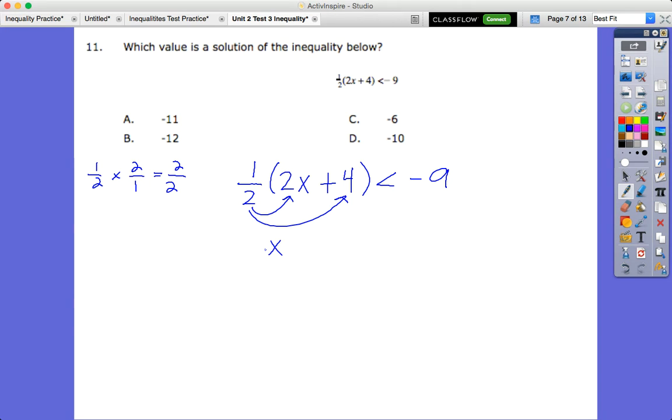You don't have to put that 1 in front of that x. Now we're going to say 1/2 times 4. 1 times 4 is 4. 2 times 1 is 2. 4 divided by 2 gives me 2. So we're going to have x plus 2 is less than negative 9.